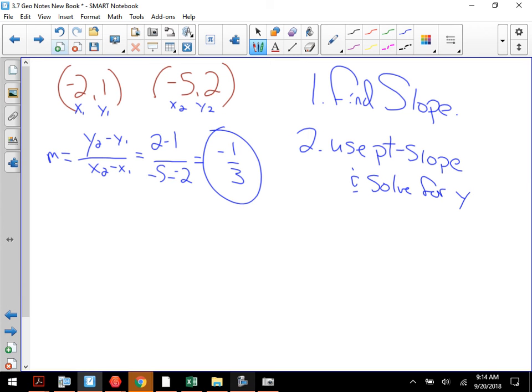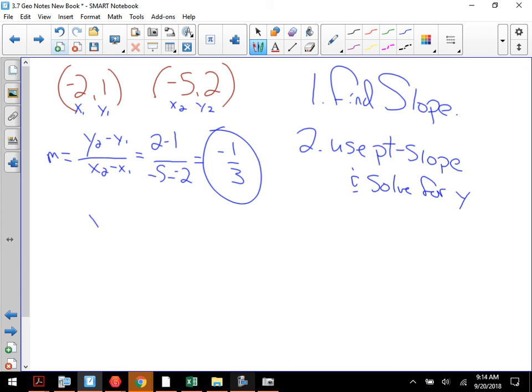Does it matter which point you choose? Nope. You can pick either one. You're going to get the same equation with either point. Sometimes one number might be easier to work with than the other. Sometimes, like in this case, when we multiply by 1/3, we're going to get a fraction in there, but it's not a big deal. You got a calculator. So I'm just going to use this first ordered pair, negative 2 and 1.